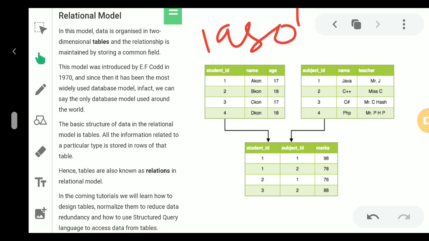So what are the advantages of the relational model? The representation of information in the form of tables consisting of rows and columns makes it much easier to understand and access the information. Different tables can be easily combined and manipulated as requested.